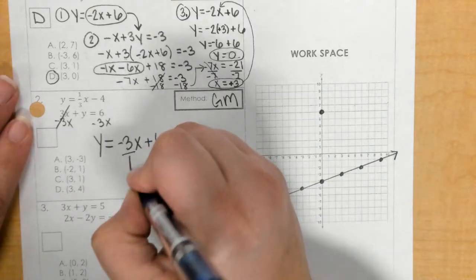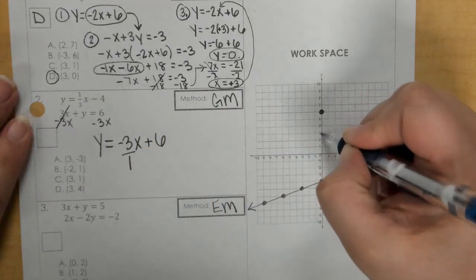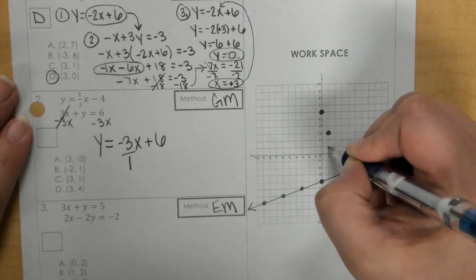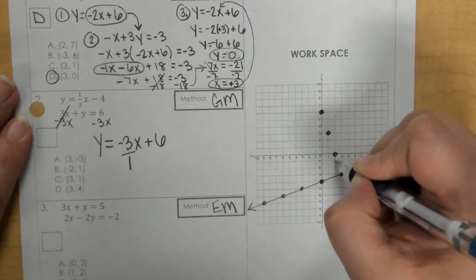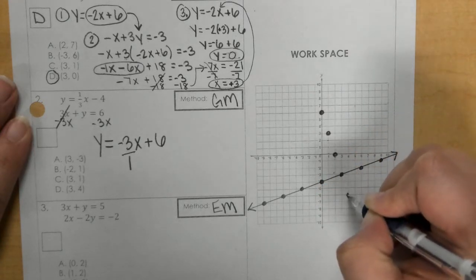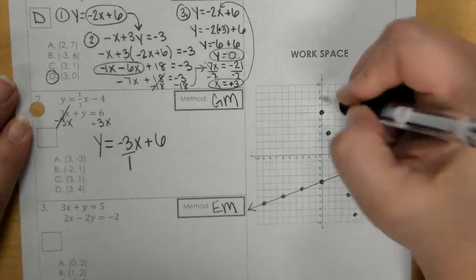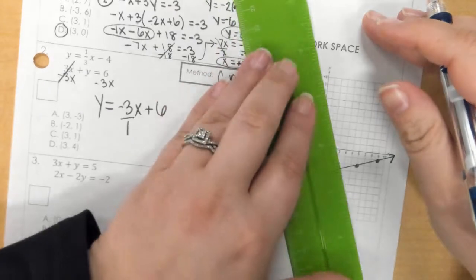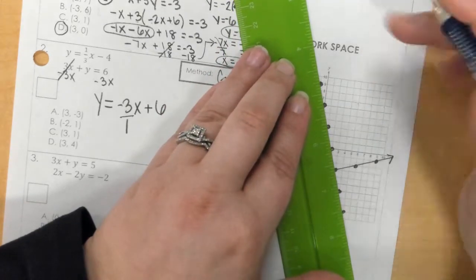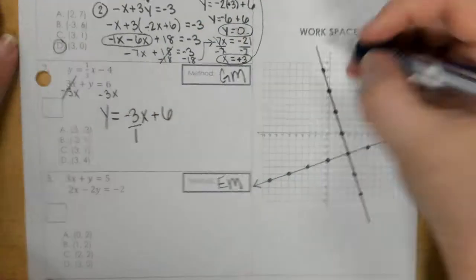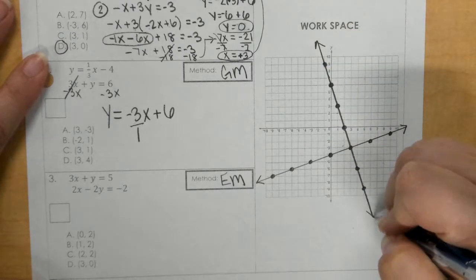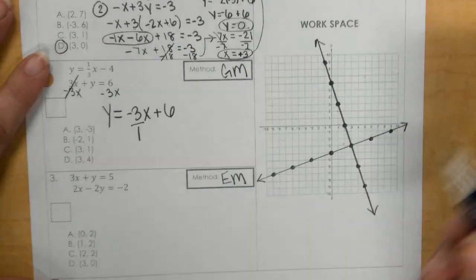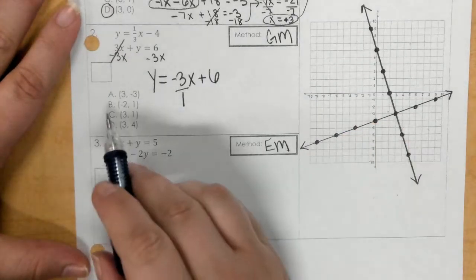So we're going to go down 3, right 1. And we can see the point is 3, negative 3. And that would be letter A.